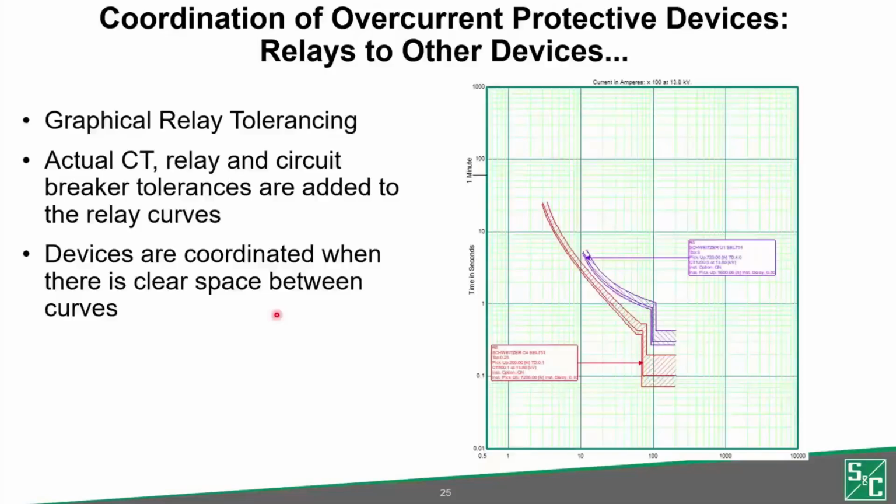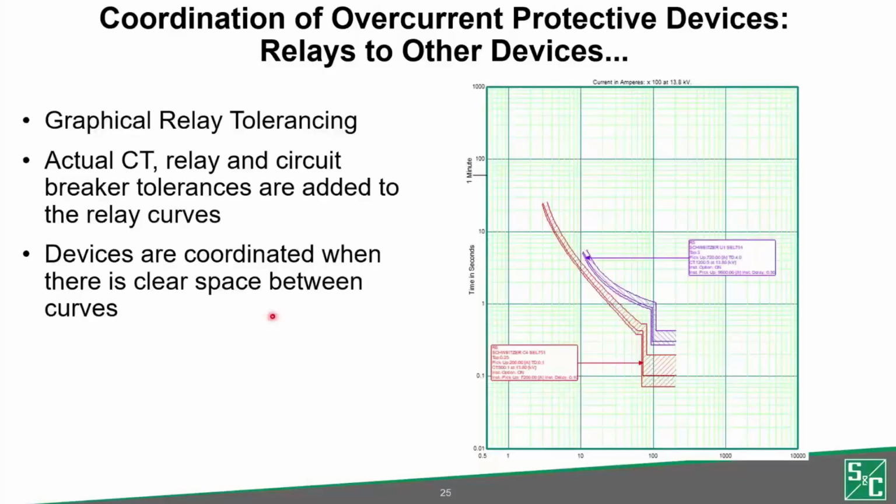Now, alternately, there's another method that at S&C we like to use called graphical relay tolerancing. Instead of using these coordination time intervals, you can plot the actual tolerances of a relay, including the CT tolerancing, relay tolerancing, and the circuit breaker opening time, right on top of the nominal relay curve.